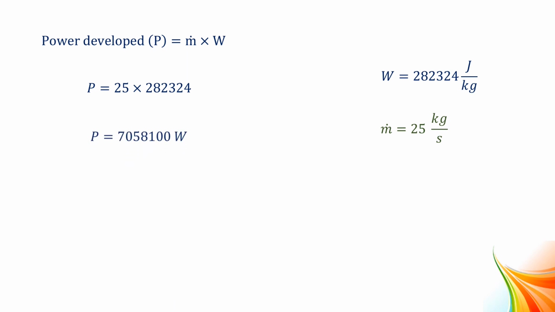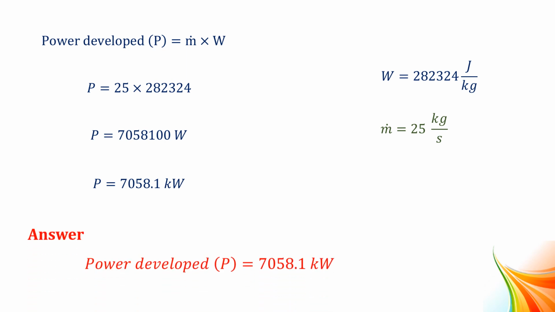Power developed P equal to m dot into W. W we have already calculated, which is 282324 joules per kilogram. m dot is given in our problem, which is 25 kilogram per second. Substituting these two values in the power equation, P equal to 7058100 watts. Now convert watts to kilowatt. P equal to 7058.1 kilowatt. So power developed P equal to 7058.1 kilowatt.